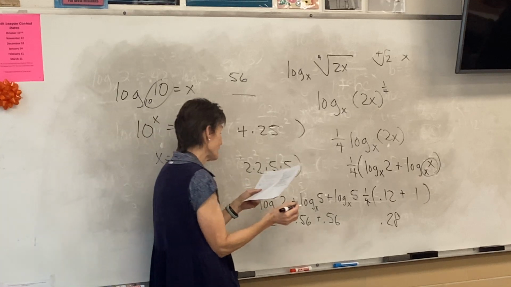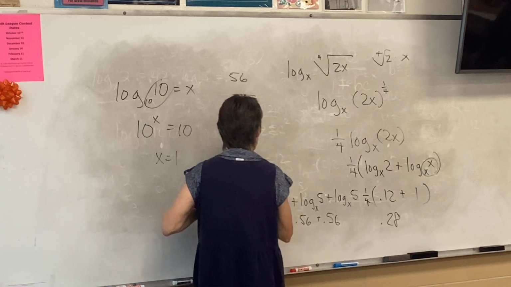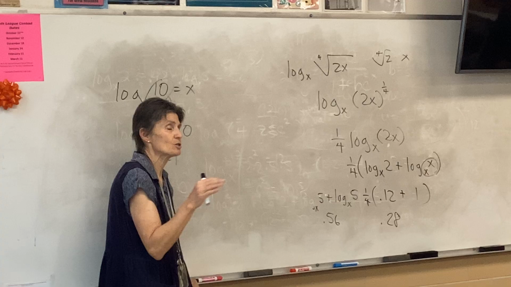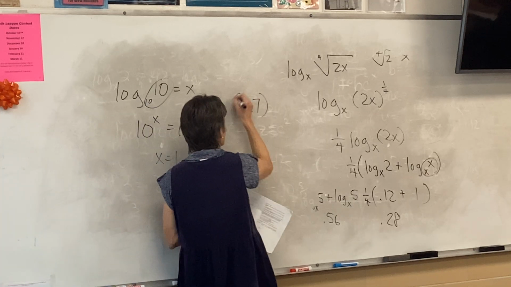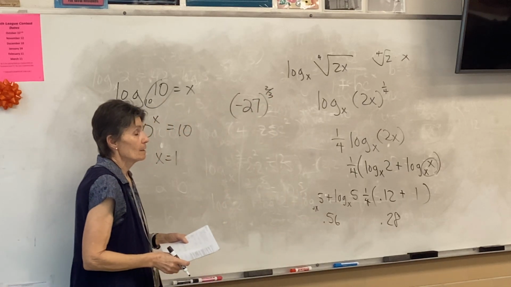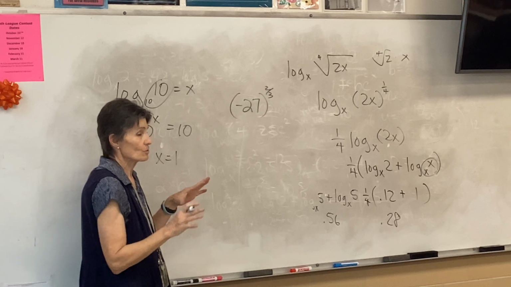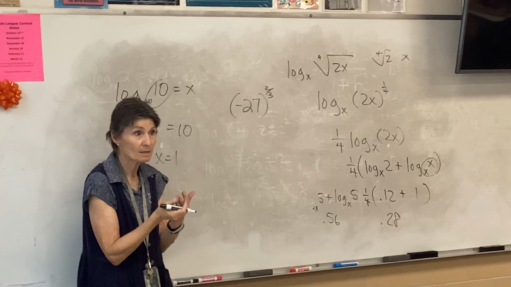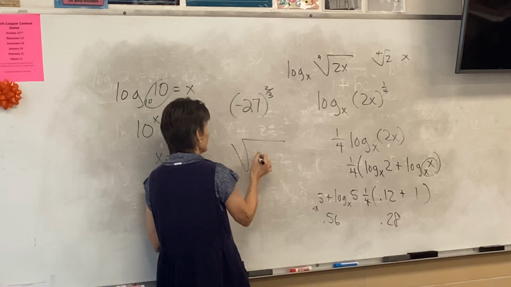All right, so D says negative 27 to the 2/3. Now, don't be flipping anything. There's no negative exponent, but there is a fractional exponent, which means I'm going to have a radical.